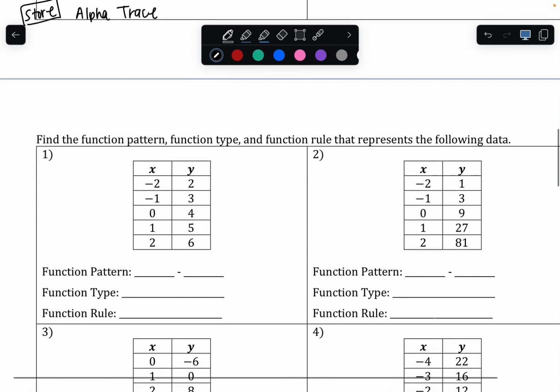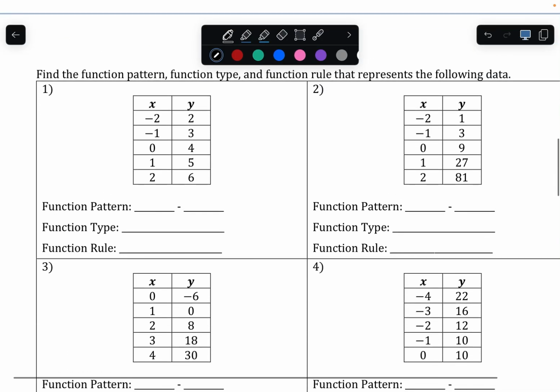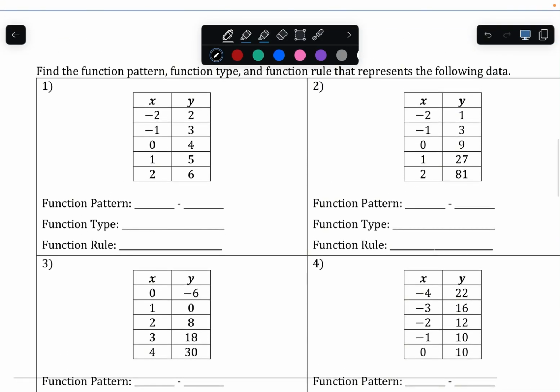Okay, and so looking at these examples, the first thing we want to notice is what kind of function it is. We have to identify the pattern. So my x's in this first example are going up by 1s, which is exactly what we want. And so now it makes sense to look at a pattern in the y's. Here the y's are also going up by 1. We are adding 1 each time.